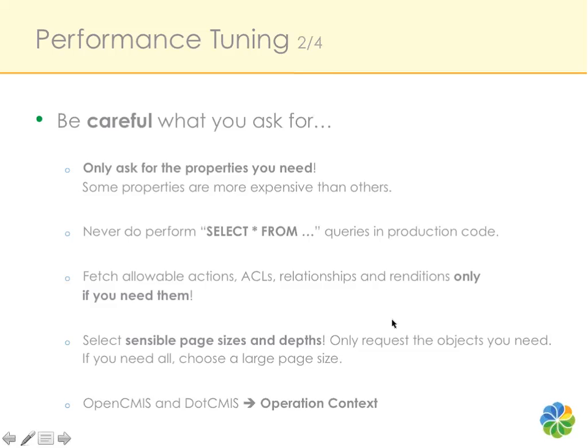Allowable actions are probably the most problematic ones because OpenCMIS will fetch them automatically if you don't do anything. And allowable actions can be actually very, very painful because there are some allowable actions where we need, of course, the node information itself. Then we need the permissions of the node, and we need the version history of the node to actually calculate the true or false value. And this is expensive.